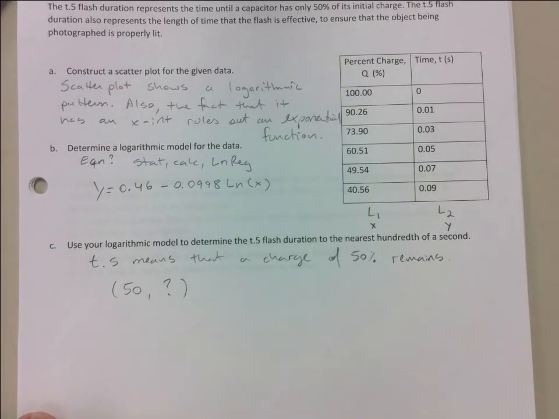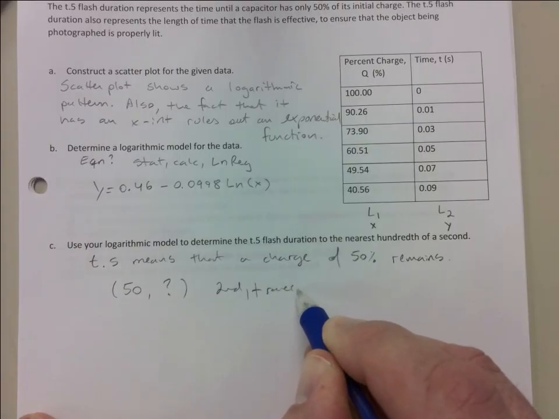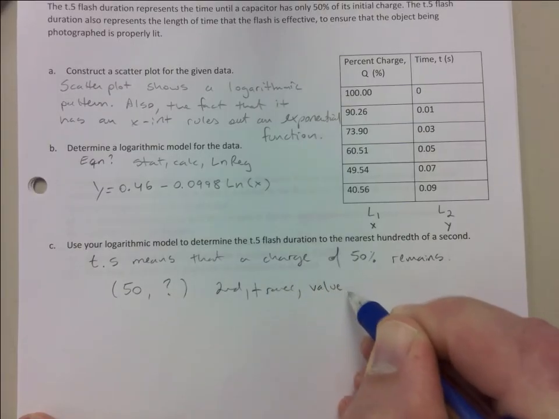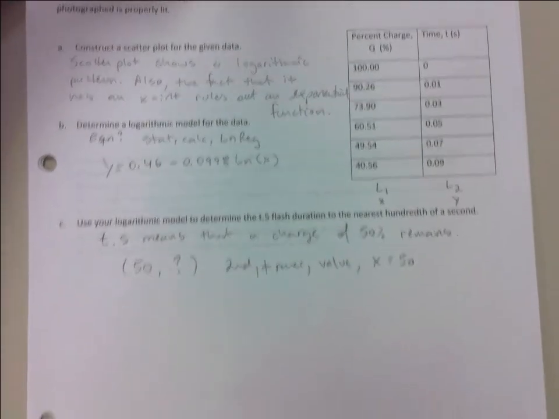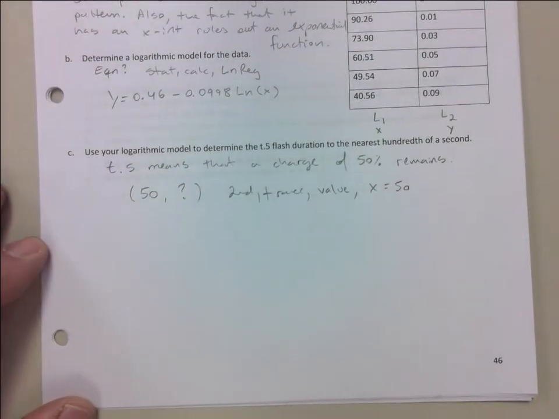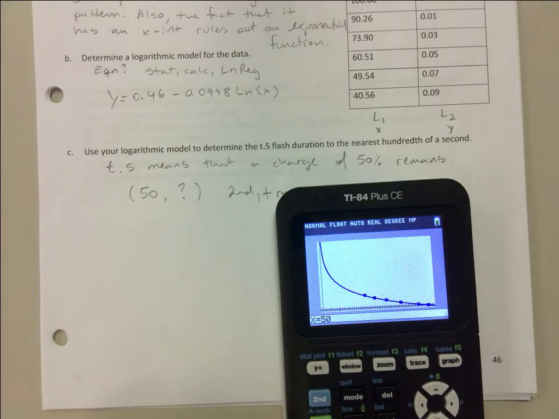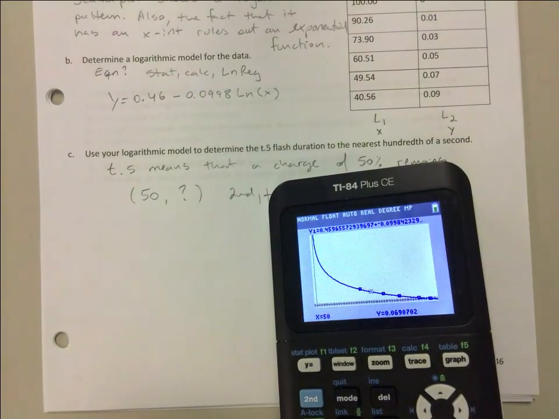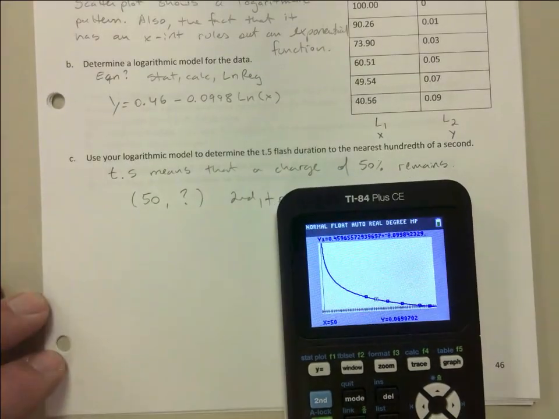What's the time there? So I got to go second, trace, value, x is equal to 50. Second trace value, x is equal to 50, and it's 0.07 if you round it to 2 decimals.